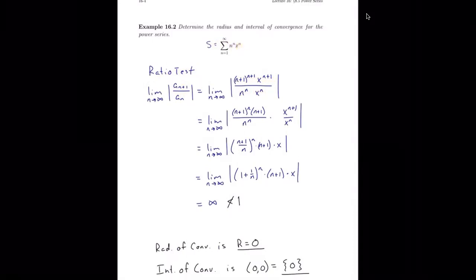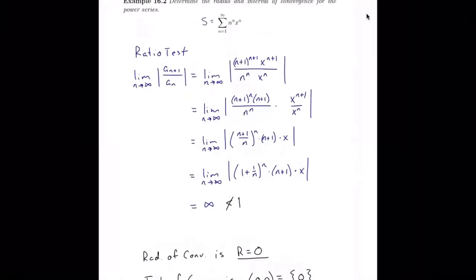Now, proceeding with the work we've got to do here, we've got n plus 1 to the n over n to the n. We group these terms and try to make them look more like each other. So what has happened here, we've also taken the x terms and factored them out as their own ratio. We've taken one of these powers, n plus 1 to the n plus 1, and we put a first power of it off to the side.